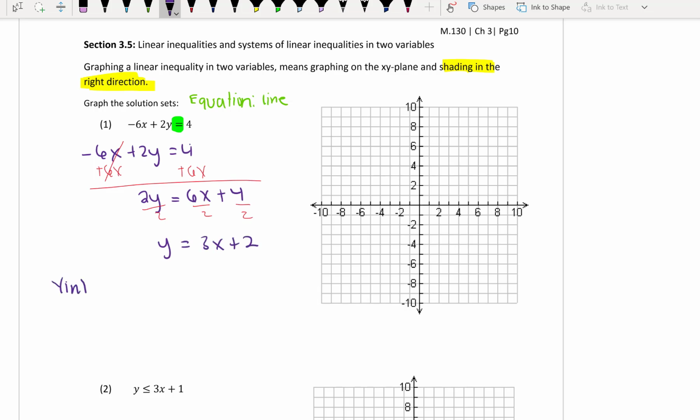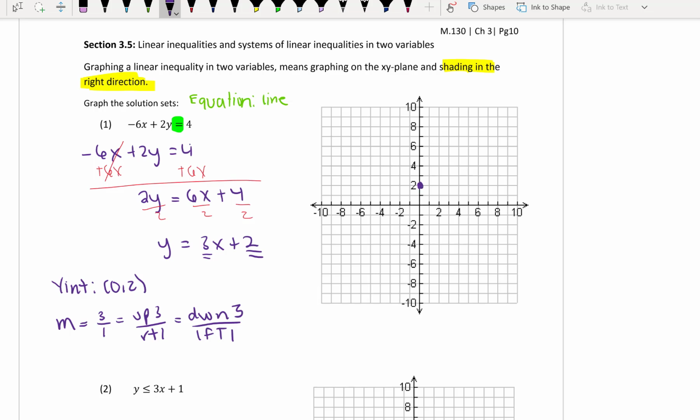So now I know that my y-intercept is 0, 2. And I know that my slope is going to be 3 over 1. So that's up 3, to the right 1, or down 3, to the left 1. So the y-intercept, 0, 2, is going to be my first point.